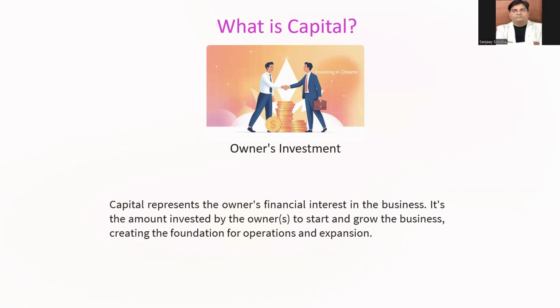Simply putting it, the amount invested by the owner in the business is termed as capital. Then the next thing that we are going to discuss is what are expenses.